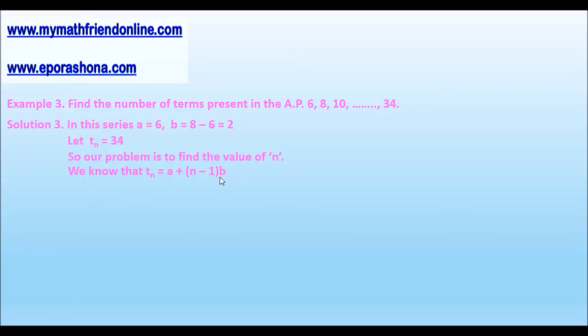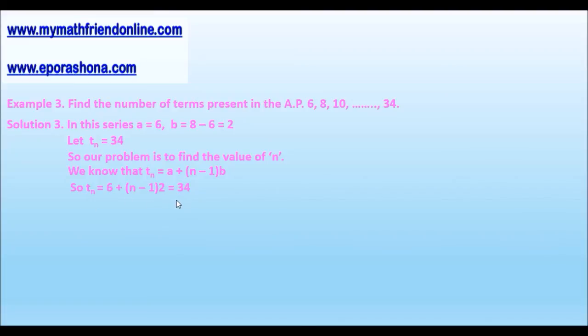So in this particular expression, only n is unknown. And we know the value of Tn, that is equal to 34. So we can find the value of n by equating these two. So Tn equal to, in place of a, we are writing 6 plus n minus 1 into b, which is 2, is equal to 34.